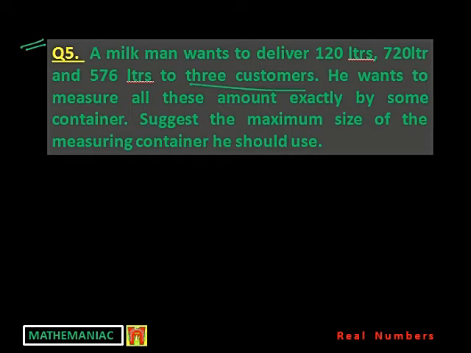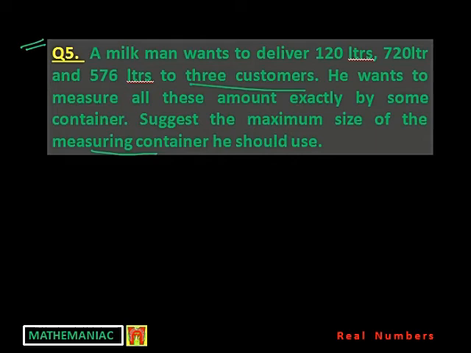Meaning, the volume or capacity of that measuring container should be such that it divides all three. It should be a common factor. And as they are asking for the maximum size, it should be the highest common factor. Right? So I think now I have given you the answer indirectly. Highest common factor you have to find.